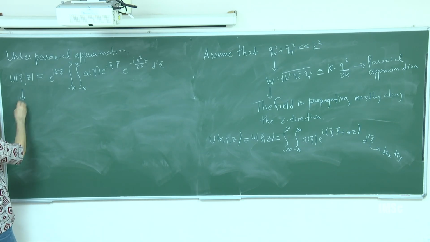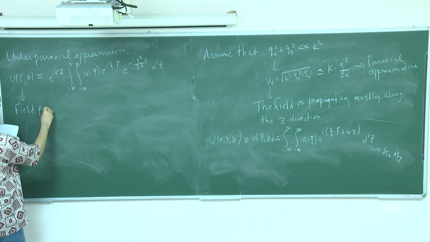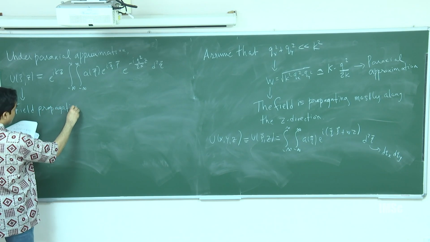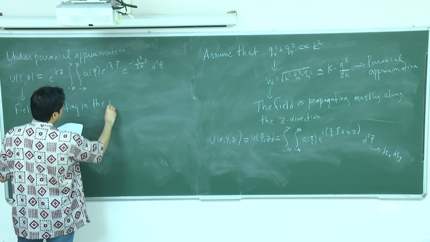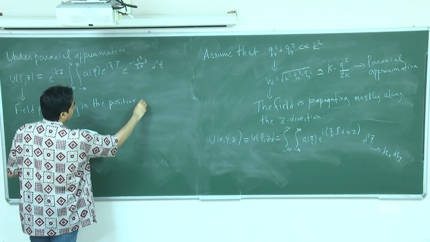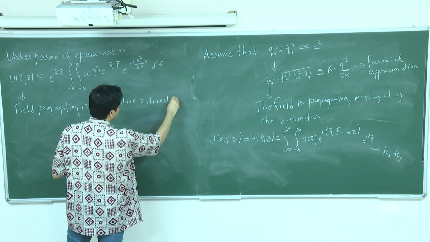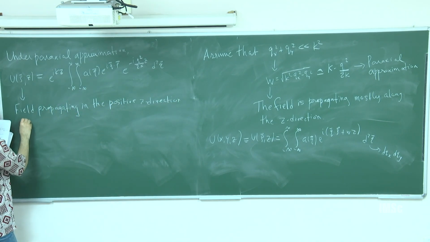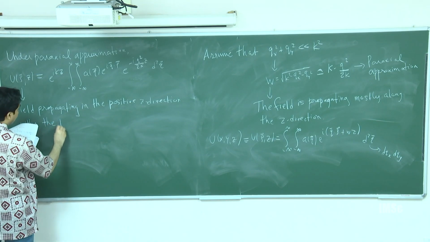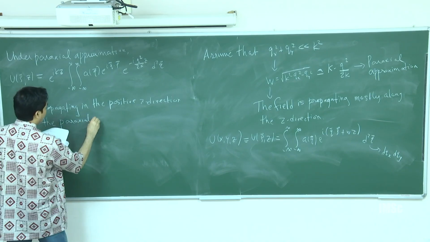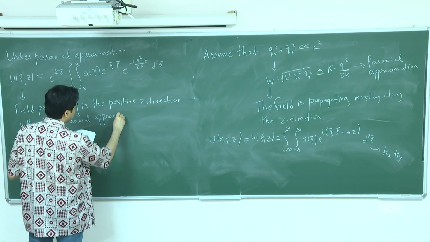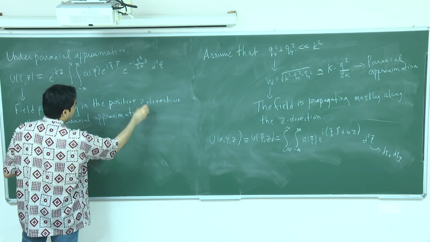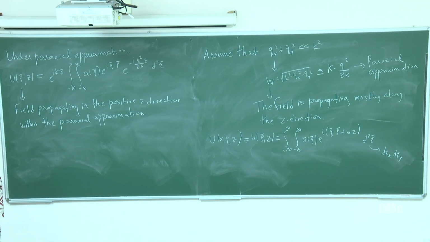So this is the paraxial effect. Once we know this, we should be able to calculate the correlation function.